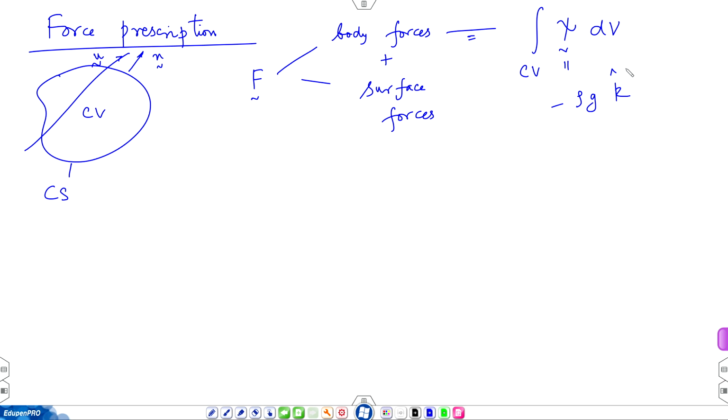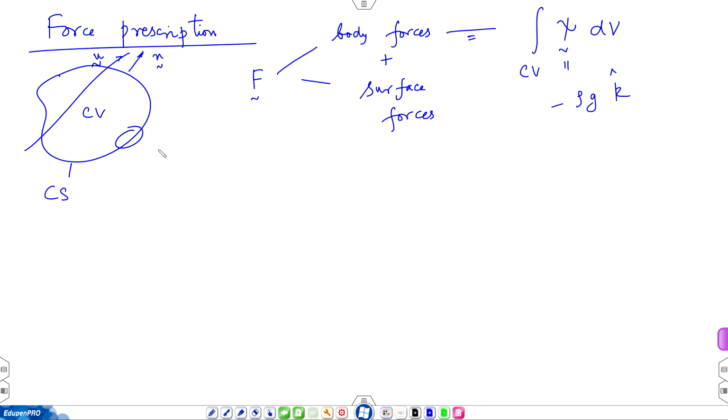And the surface forces get connected to the stress tensor. The stresses are forces per unit area, but what area? Surface area. Therefore, sigma is connected to the surface forces.